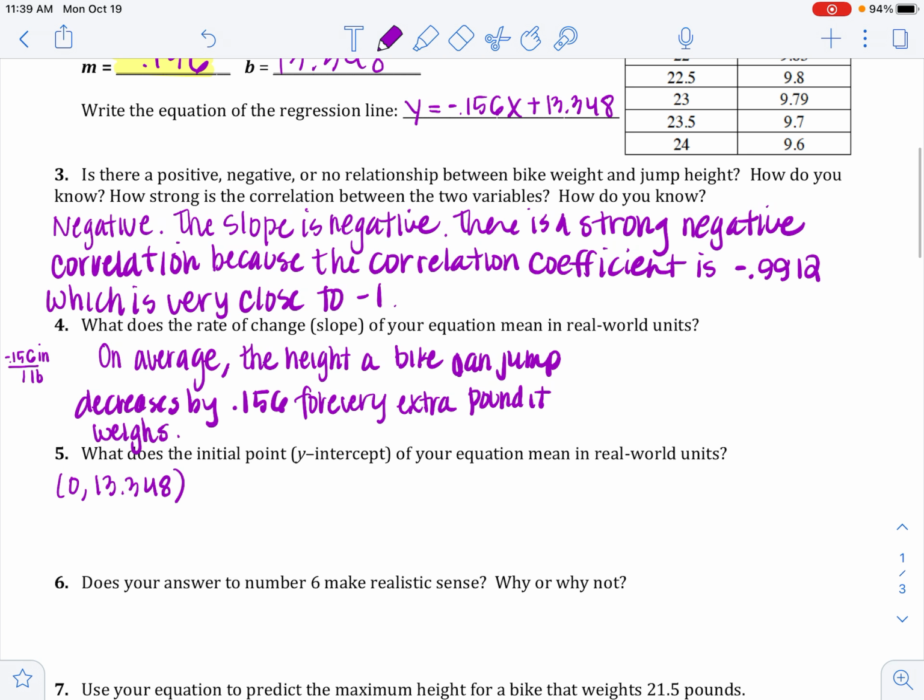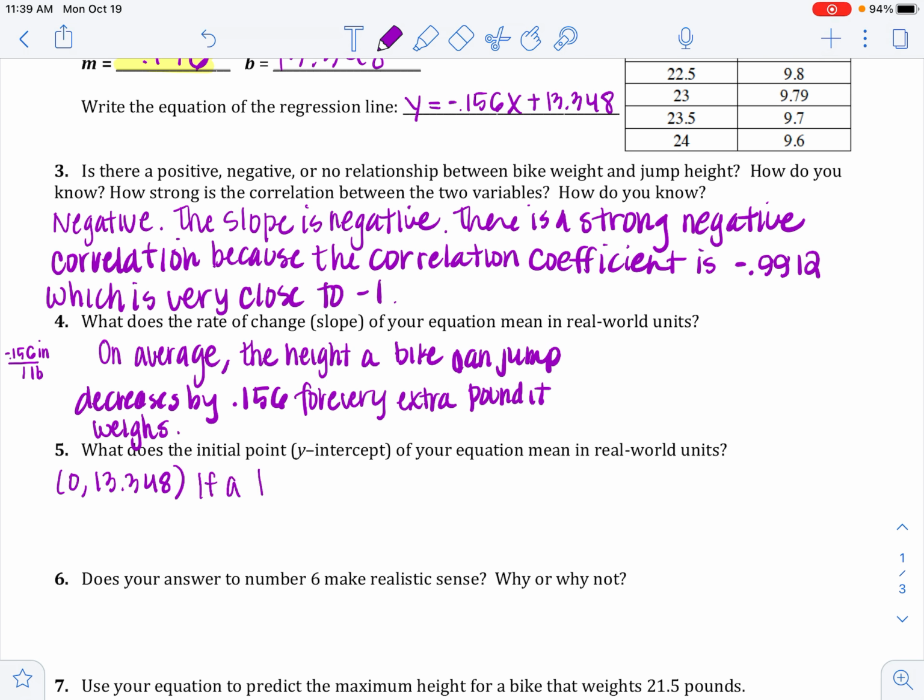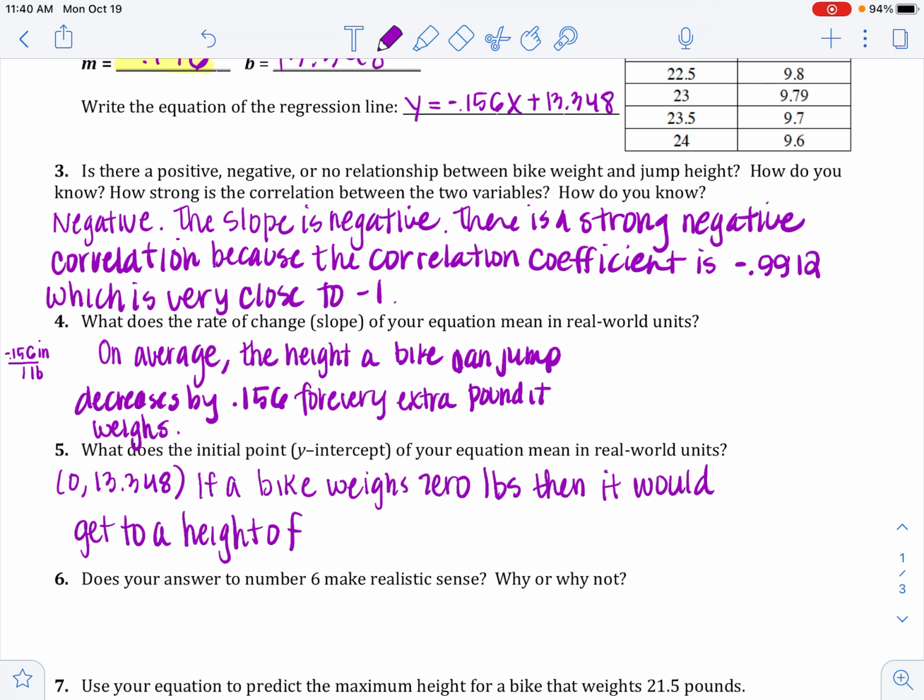So I'm going to say, it is saying that if the bike weighed 0 pounds, then it would get to a height of 13.348 inches.